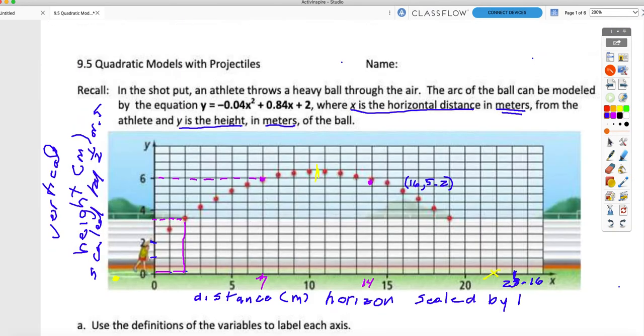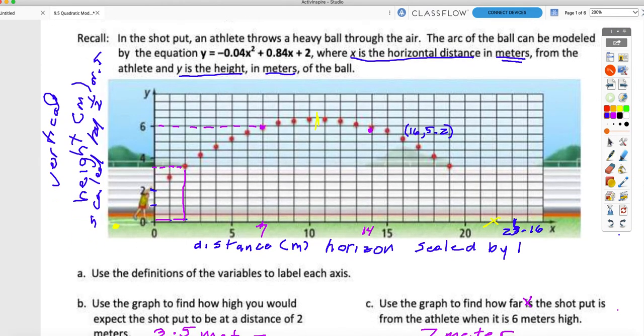Okay, so what we know right now, we know that this point up here is actually a vertex of 10.5 and 6.41. And if I look over here, if I go down here, that is consistent.